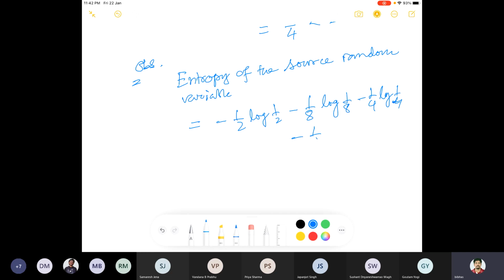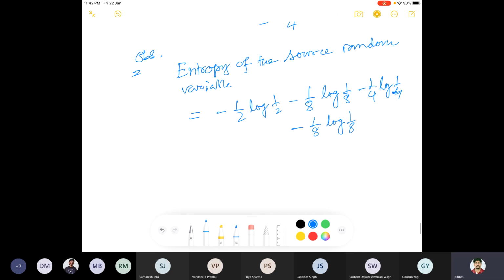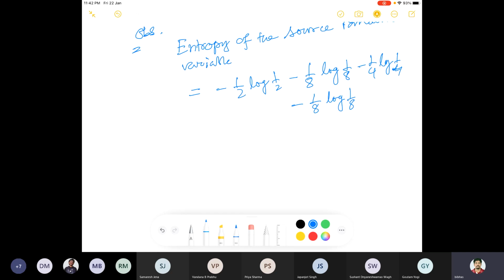And this is also 1 by 8 log 1 by 8. Now, if you do the calculation a little bit, half log half is what?